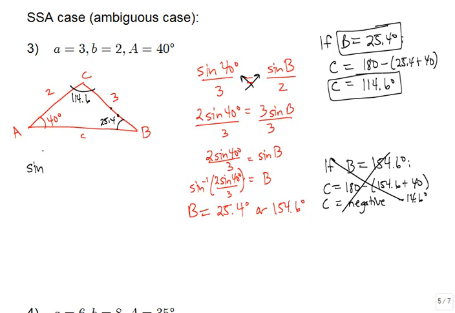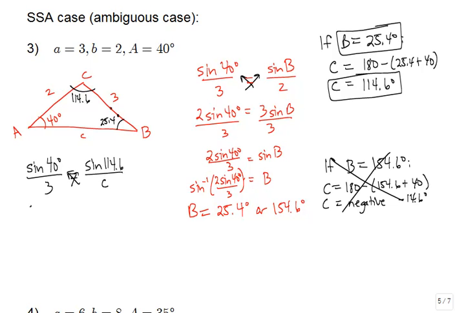I tend to always go back to the original values in the original problem so that I'm not using estimated values or things that I've approximated, and 25.4 is just a decimal approximation. So I prefer to use sine of 40 over 3 since those are exact values, and that's one part of my proportion. And then in order to find side C, I can now do sine of 114.6 and divide that by side C. And then we're just going to cross multiply.